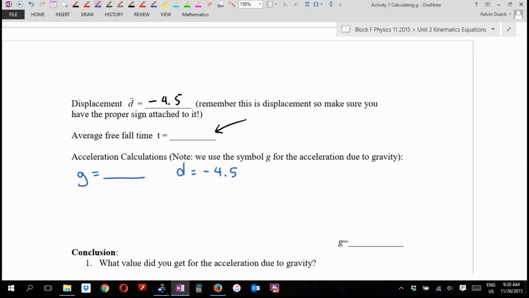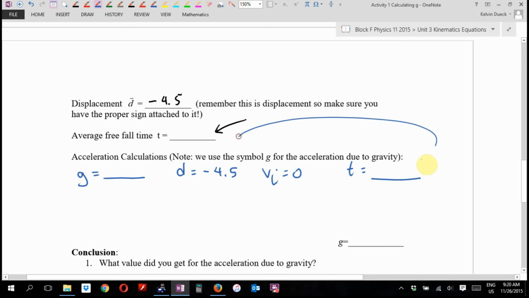Anytime I drop something, what else do I automatically know? It's negative 9.8, but we're trying to calculate the acceleration, so I'm not going to put that in. When we drop an object, that implies something. What? Let's write down VI equals 0. And then T equals whatever you got for your time value. That's going to go there. And remember, G is A.